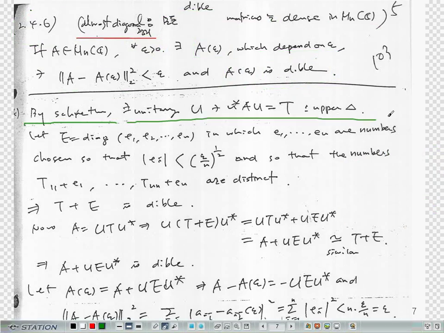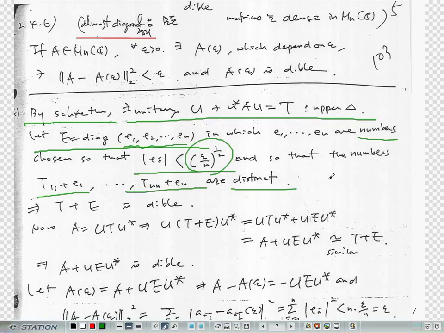By Schur's theorem, there exists a unitary matrix U such that U star AU is T. Let E be a diagonal matrix with epsilon i's on the main diagonal. Those epsilon i's are just numbers, scalars, chosen so that the absolute value of epsilon i is less than the square root of epsilon over n, and so that all of the diagonal entries of this new matrix are distinct.